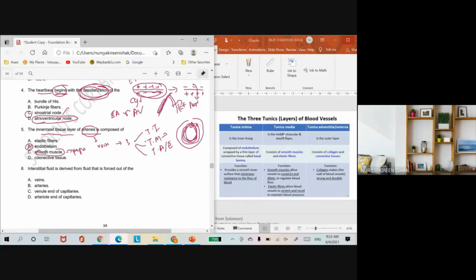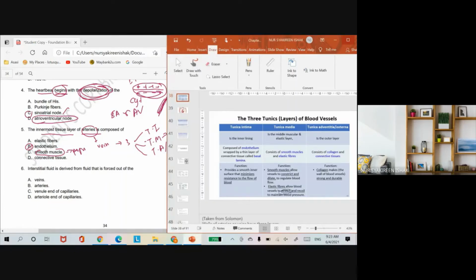When the tunica media is also composed of elastic fibers, it allows the blood vessels to stretch and recoil when blood flows with high pressure. Stretch is when it receives blood with high pressure when the ventricle is contracting.